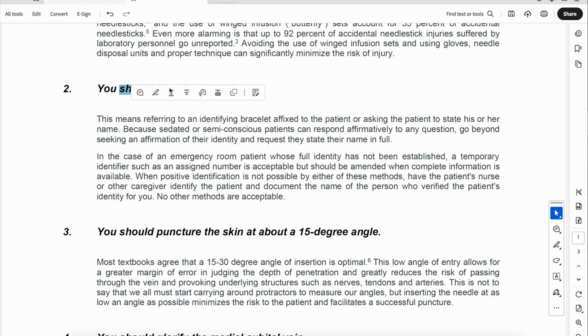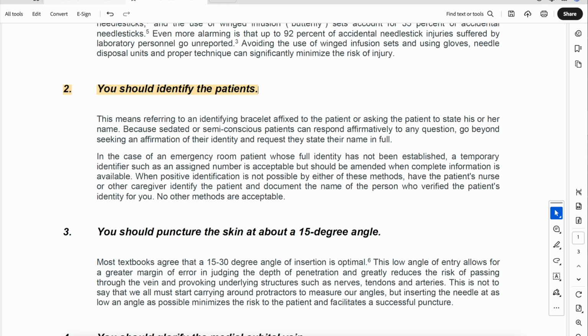Rule number 2. You should identify the patient. Patient identification errors can be fatal. This rule requires 2 acceptable methods: checking an identification bracelet affixed to the patient or asking the patient to state their full name.